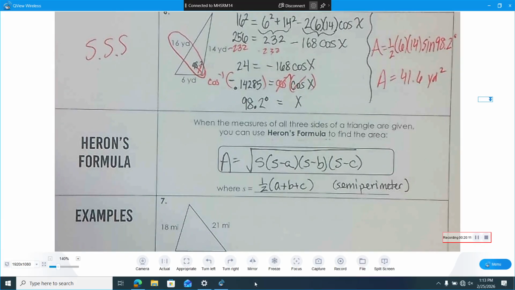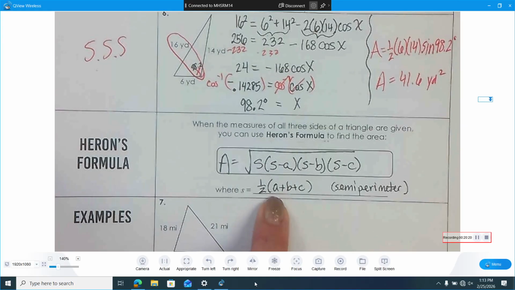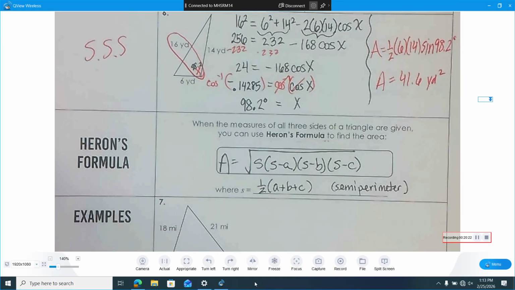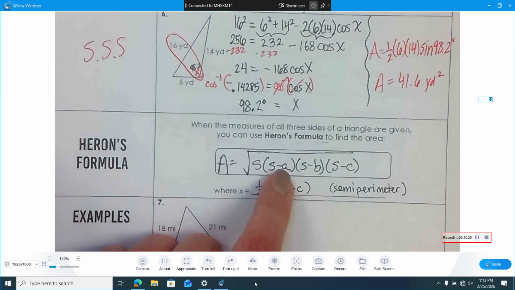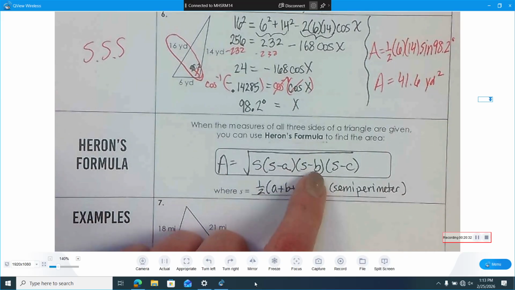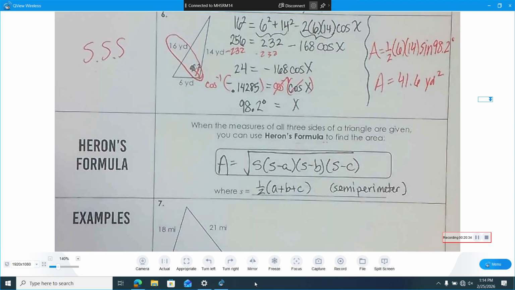A, B, and C are the sides of a triangle, any triangle. And so if we find the semi-perimeter, you add up all the sides, divide it by 2. That's half of the perimeter. It turns out that the area is the square root of the semi-perimeter times the difference between the semi-perimeter and each side.